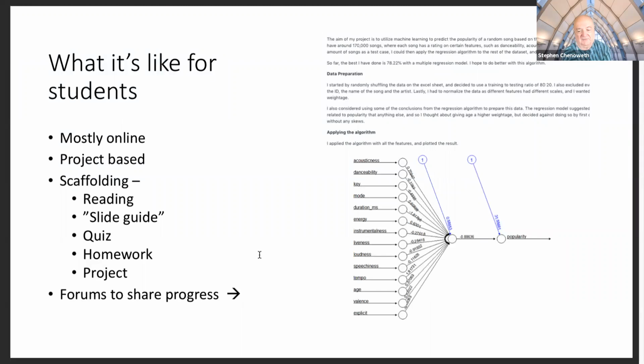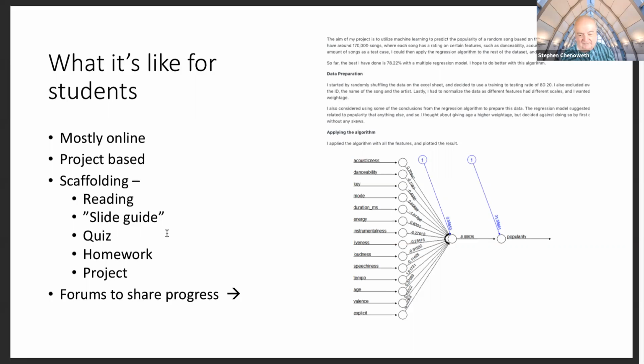What it's like for the students: the course is primarily online with a weekly synchronous session, the way we usually teach it. And it's project-based very heavily. So the students pick a data set and then try to implement different machine learning algorithms on it as they go. We have a lot of scaffolding for them to learn this because they don't have a very wide computer science background.